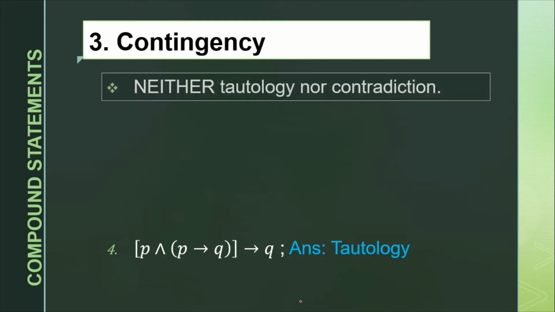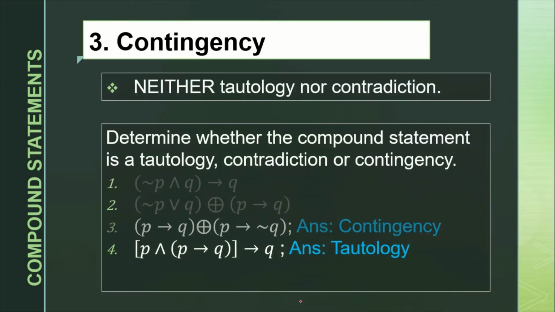Now you have to answer numbers 3 and 4. To guide you, number 3 is a contingency and number 4 is a tautology. I will leave it to you to create the truth table for numbers 3 and 4.